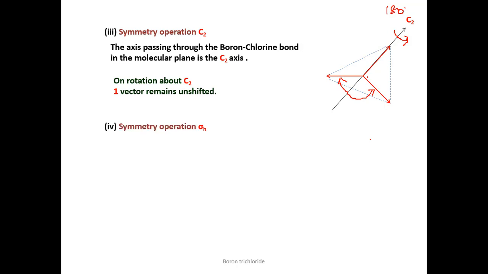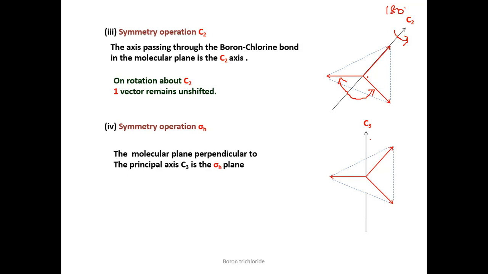The next operation is sigma h, the horizontal plane of symmetry. The horizontal plane of symmetry is the molecular plane which is perpendicular to the principal axis C3. Any plane that is perpendicular to the principal axis C3 is known as horizontal plane of symmetry.